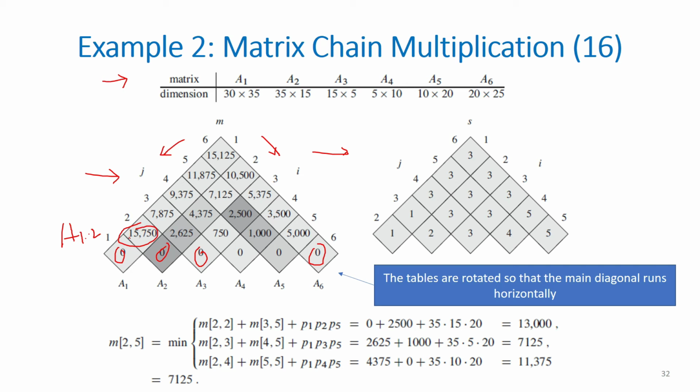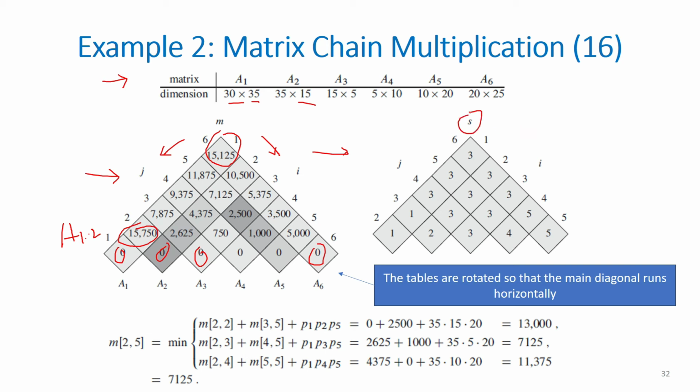That means it is the product of A1 and A2, and it is obtained by multiplying 30 times 35 times 50, which is 15,750. In this way, we can now fill up the entire table till we obtain the cost for the chain A1 to 6, which is 15,125. The corresponding k values that result in optimal parenthesization are also stored in table s.